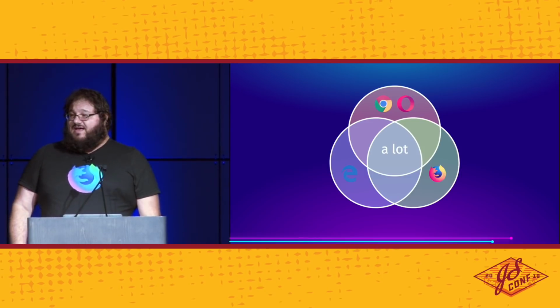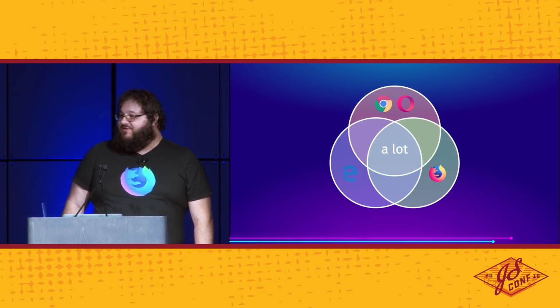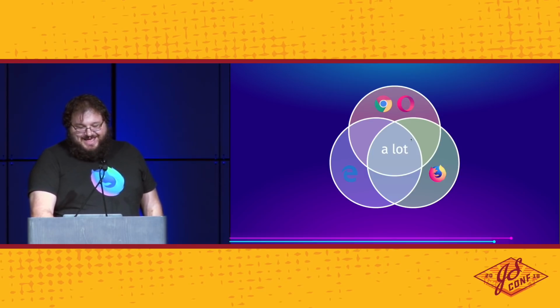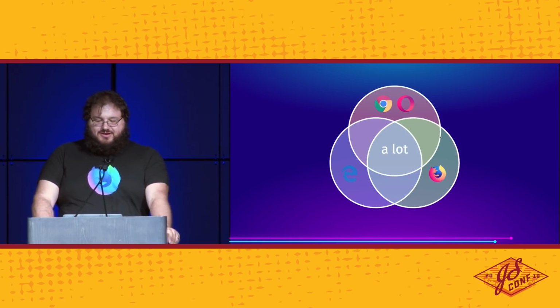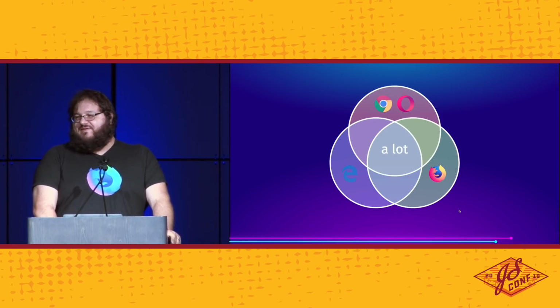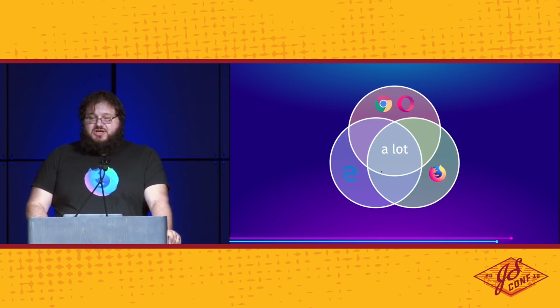Also, I realized right before my talk that this is a lesson about how Potch is bad at Venn diagrams and should never do them again, because it looks like they share nothing. But really, I meant to label the circles. This is the last Venn diagram you'll ever see from me. This green circle is Firefox. Firefox loves green. This red circle is Chrome and Opera, and the blue circle is Edge.